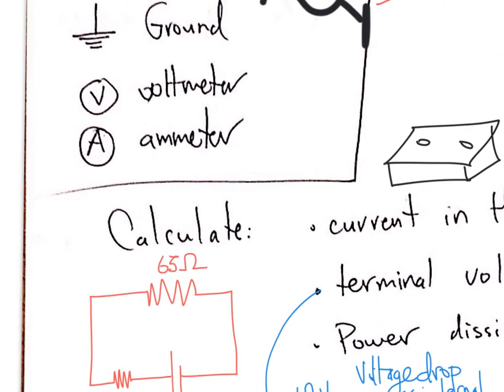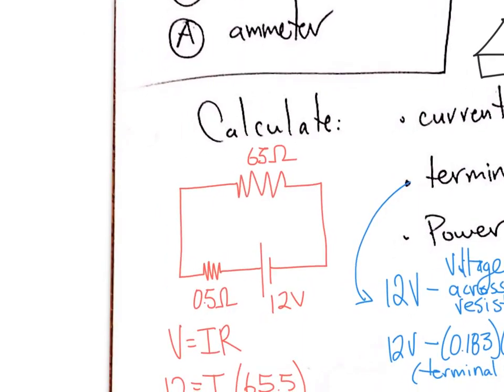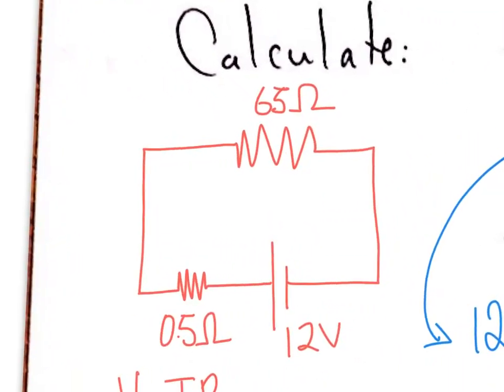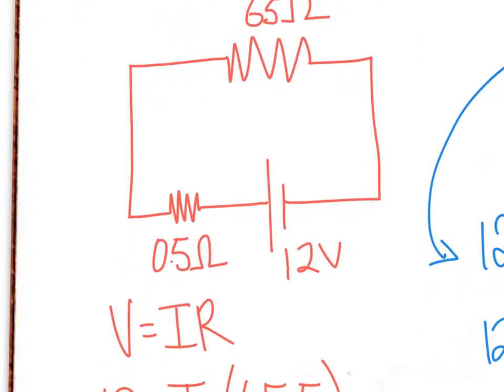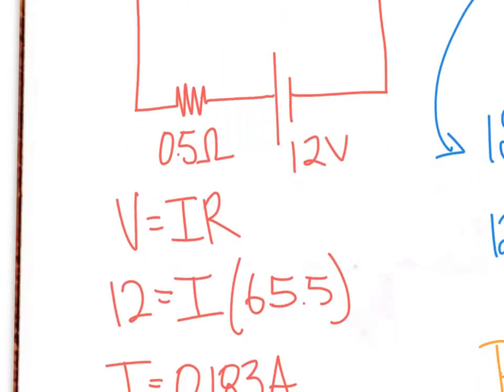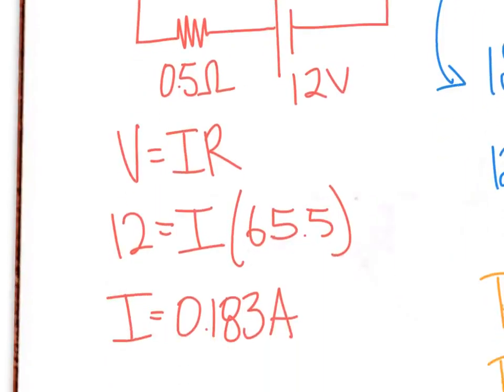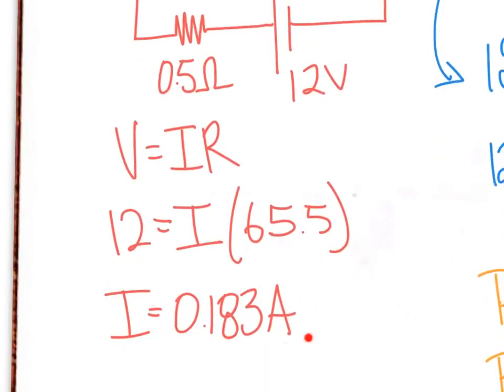So, current in the circuit. Here's a redrawing of our circuit. And the total resistance is actually 65.5 ohms because of that little internal resistance of the battery. So using Ohm's law, V equals IR, voltage, current, resistance, and we divide and we end up with something like this, 0.183 amps.